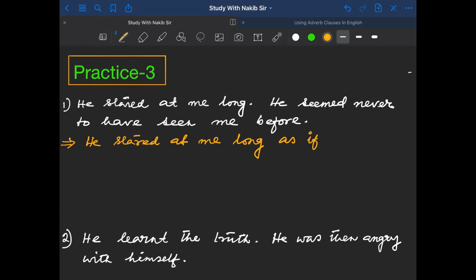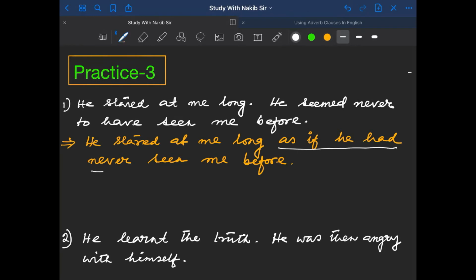As if he had never seen me before. As if, this is the manner. This is an adverb clause. He stared at me long. How? How means manner, as if he had never seen me before.